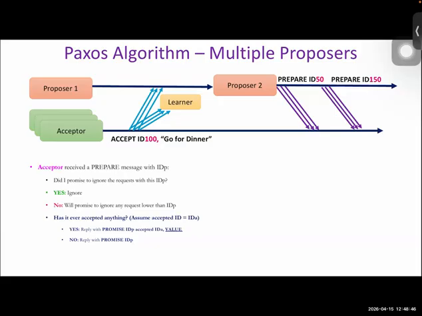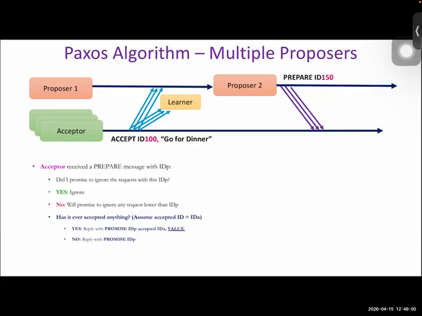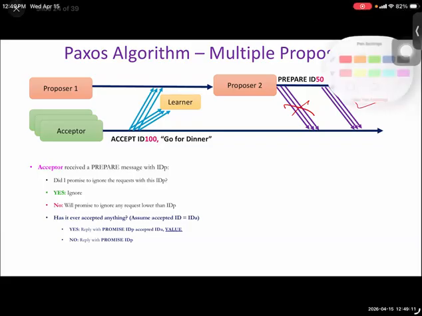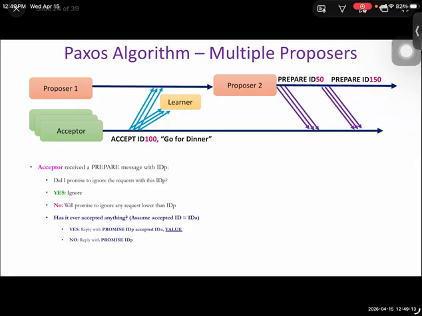If not promised, because it's broadcast in the network, they now promise to ignore any request lower than this ID, and if they have ever accepted anything with a new value, they try to accept that value. So that is rejected by this acceptor, and the proposal by the second proposer will be accepted.